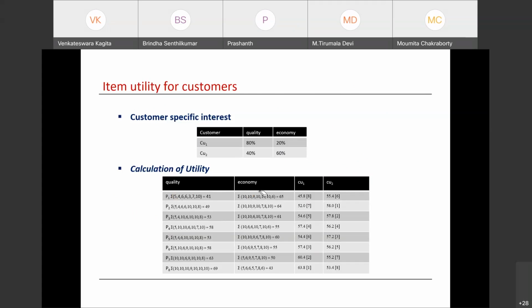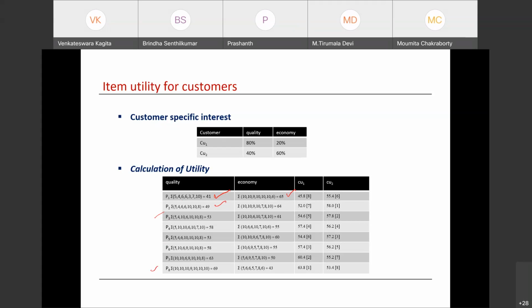Okay, so the quality value is 41 for camera 1 and economy is 65. Similarly, you estimate the quality and economy values for camera 2, camera 3, and so on up to camera 8. Now customer 1 has 80% preference for quality and 20% for economy.